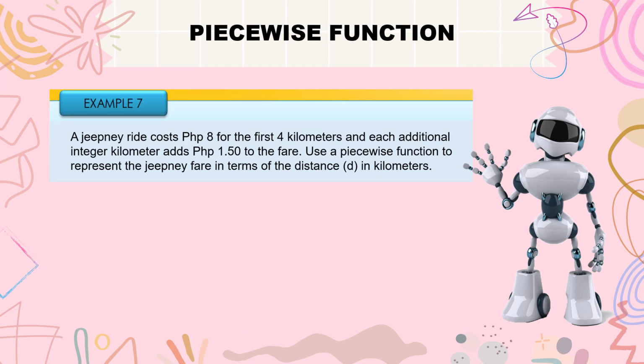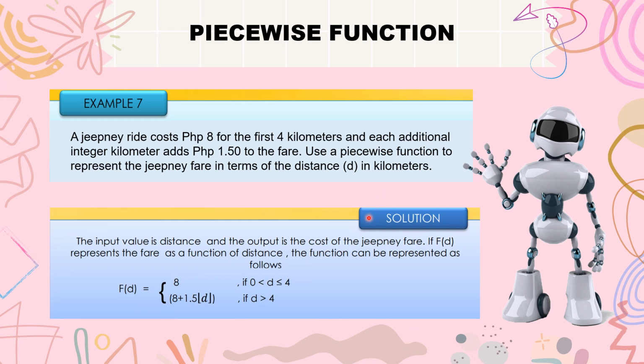For the last example, we have a jeepney ride that costs 8 Philippine pesos for the first 4 kilometers, and each additional integer kilometer adds 1.50 Philippine pesos to the fare. Use a piecewise function to represent the jeepney fare in terms of the distance D in kilometers.